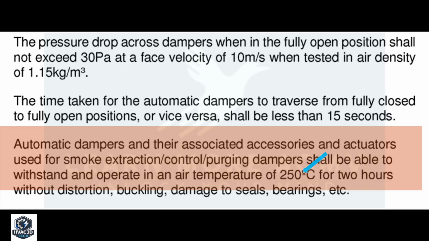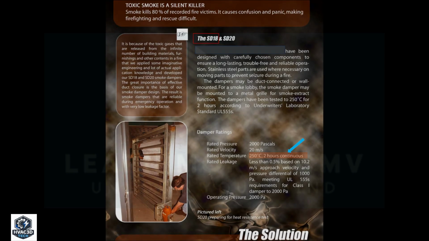Similarly, smoke control fans are also required to operate during a fire. For this reason, the dampers used with these fans must be capable of withstanding temperatures up to 250 degrees Celsius. Therefore, motorized smoke fire dampers, MSFDs, must be used for smoke control fan applications.